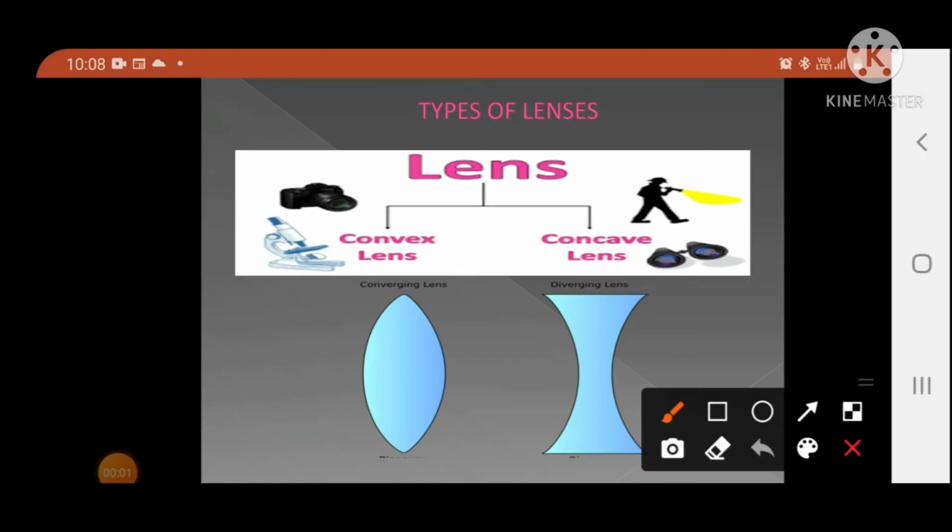Depending upon the structure, the lenses are of two types. If a lens is thicker in the middle and thinner at the edges, that is called convex lens. And if it is thinner in the middle and thicker at the edges, that is called concave lens.